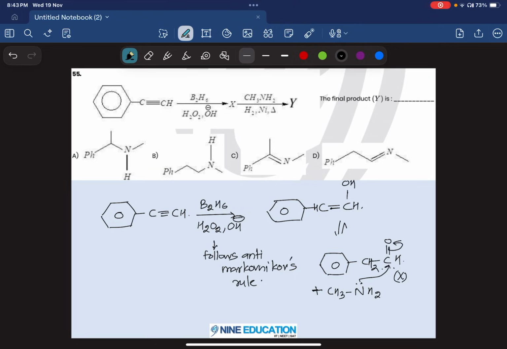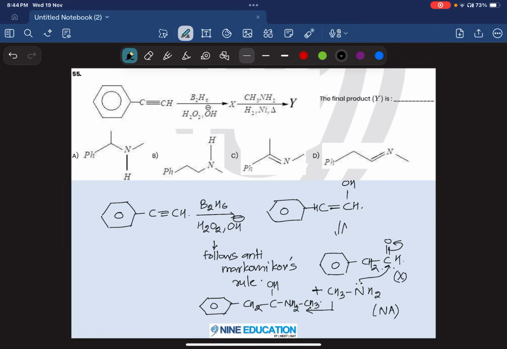The final product after nucleophilic addition is CH2, C-OH, alcohol is formed, then NH2, CH2, CH3. This is what is formed after nucleophilic addition reaction.